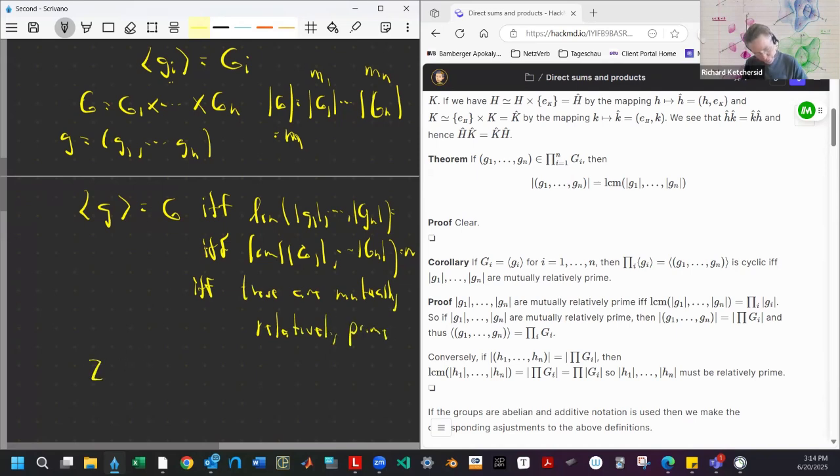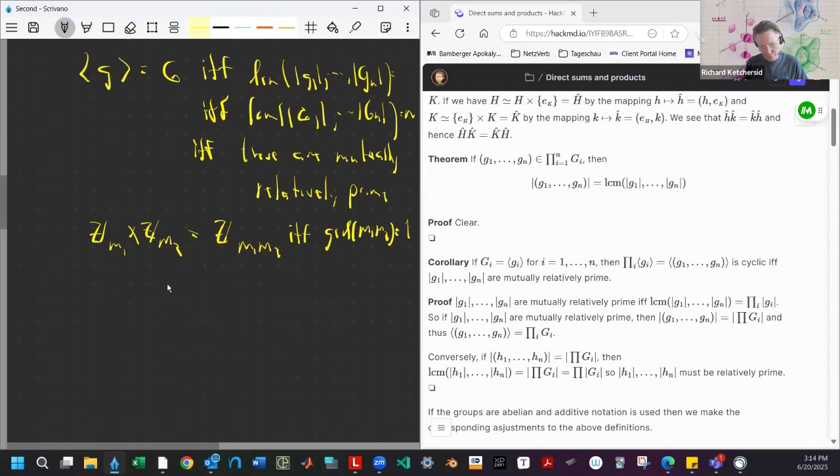So we do get, just as a corollary, Z_M1 cross Z_M2 is equal to the cyclic group Z_{M1 M2} if and only if the GCD of M1 and M2 is equal to 1, right? So that's the situation we're in. We need those to be mutually relatively prime in order for that to happen.